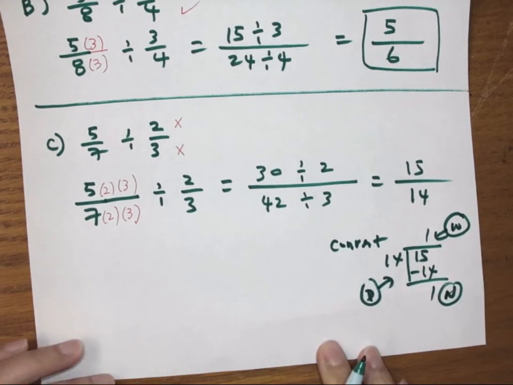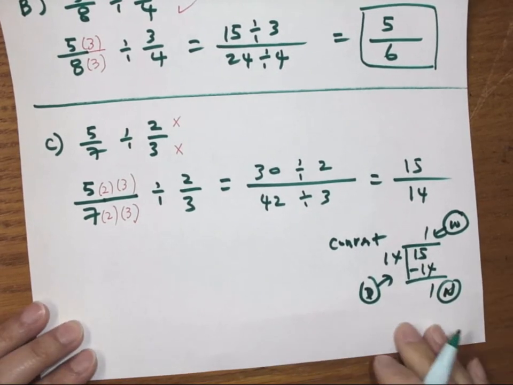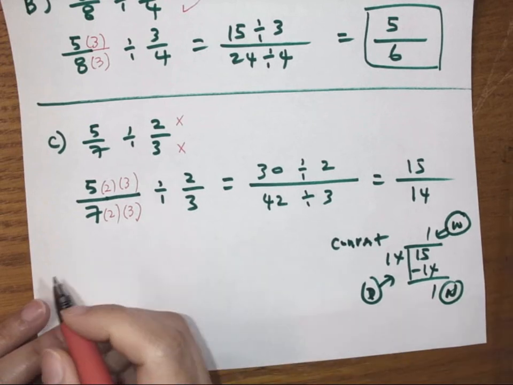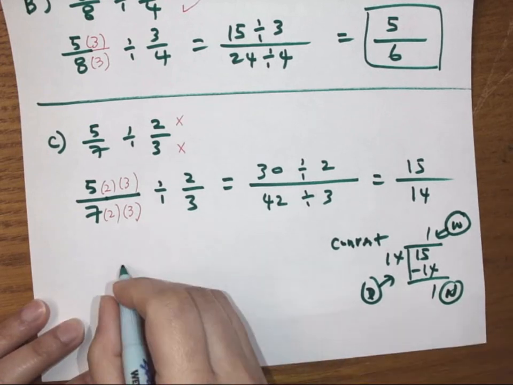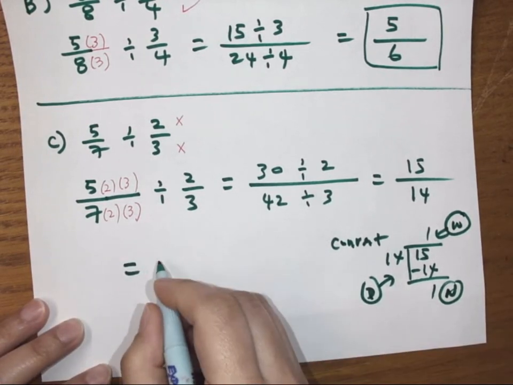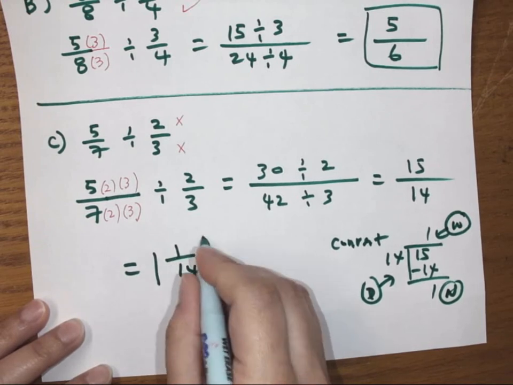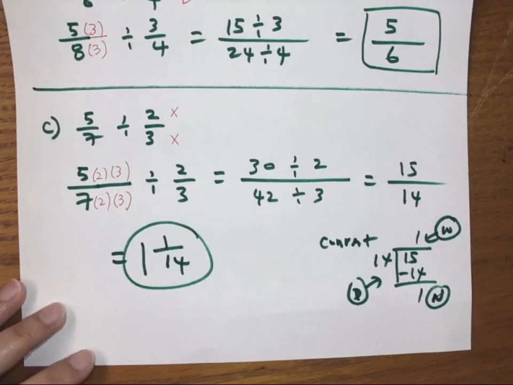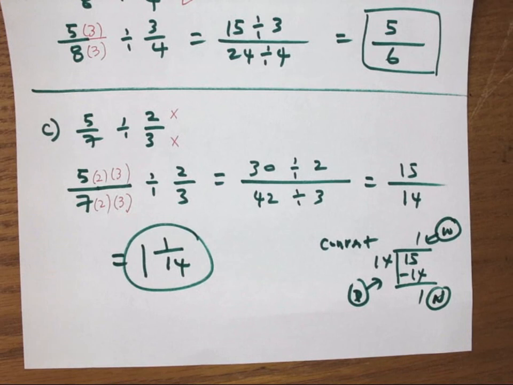But on the test, the very first time you need to convert, I want to see you spell out the labels, okay? If it's the second time, you don't have to. 1 and 1/14 is the answer. So if you need to watch it a few times to really get the hang of it, please do so. Thank you.